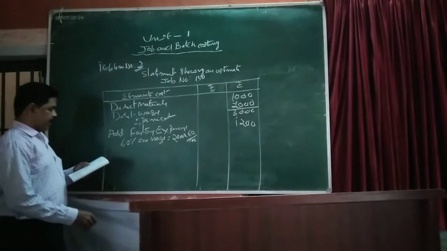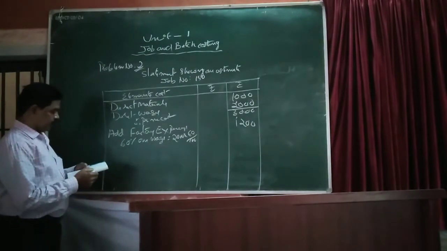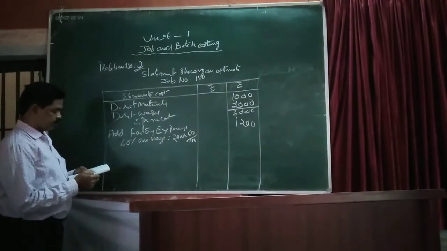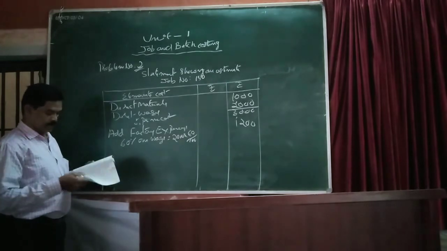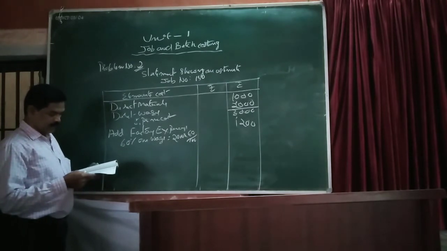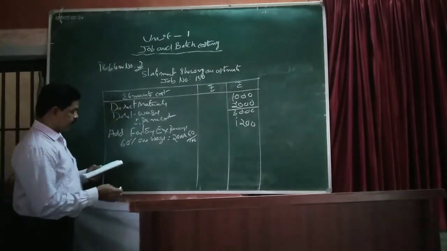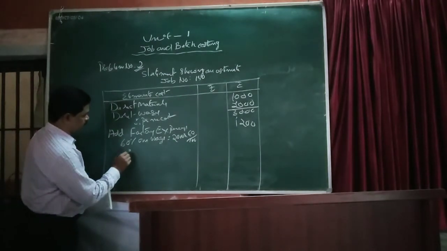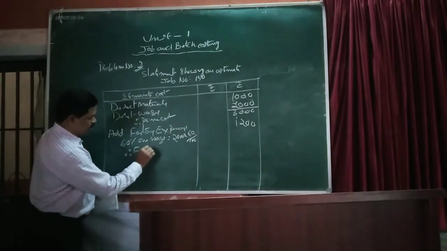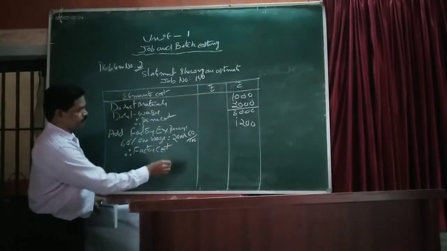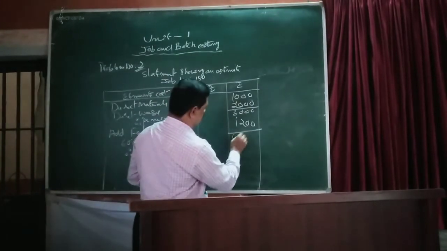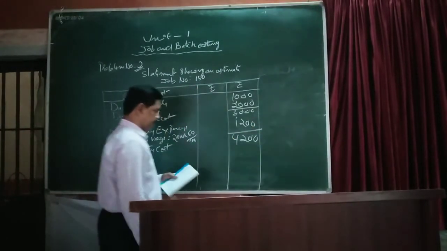Then after adding the factory expenses, is there any other expense here? Office expense is there. So after adding the factory expense, we will get factory cost. So therefore, the answer is factory cost 4,200.